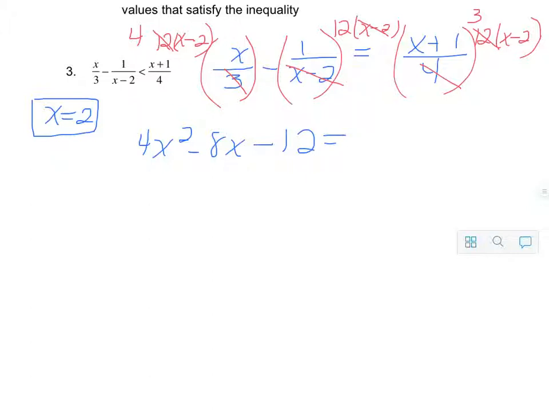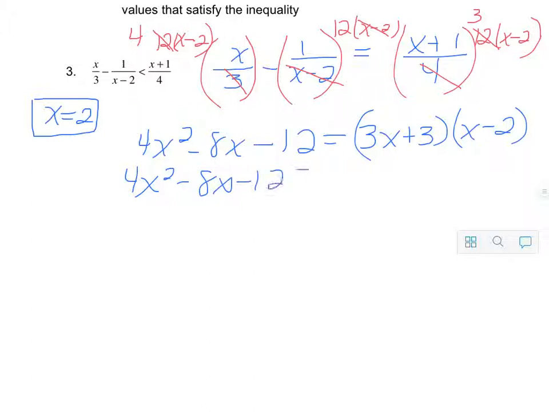I'm going to write this one out as 3x plus 3 times x minus 2. That's just too much for me to multiply in my head. So I'm going to bring down the left side. I'm going to do FOIL to the right side, first, outer, inner, last, combine like terms, and I get 3x squared minus 3x minus 6.